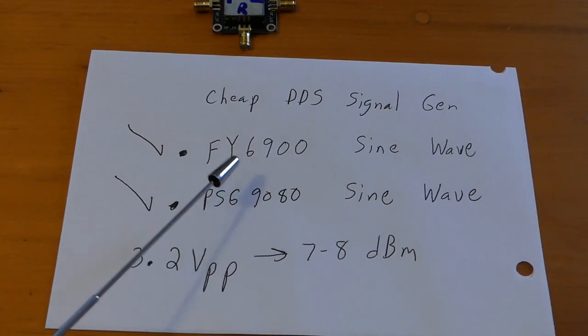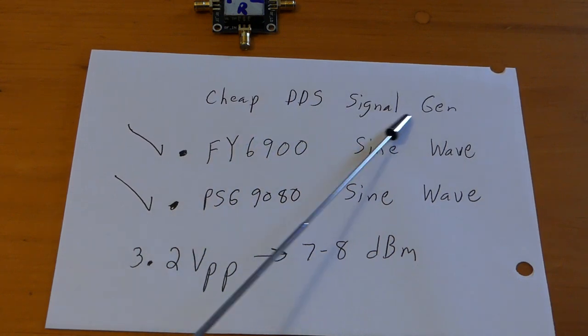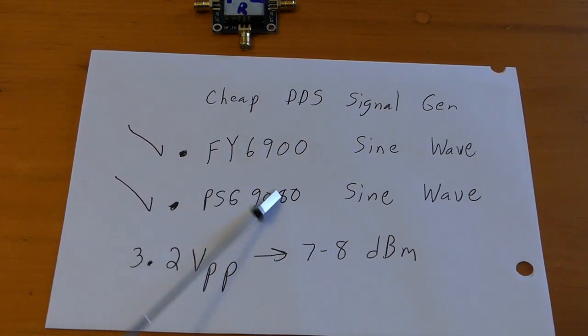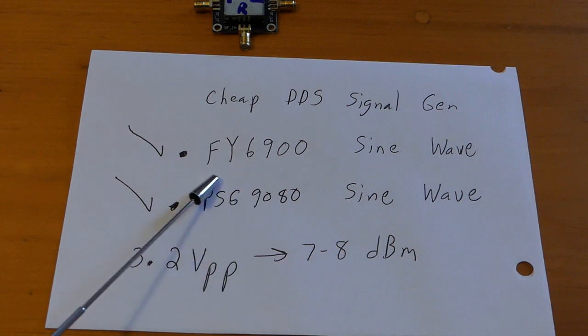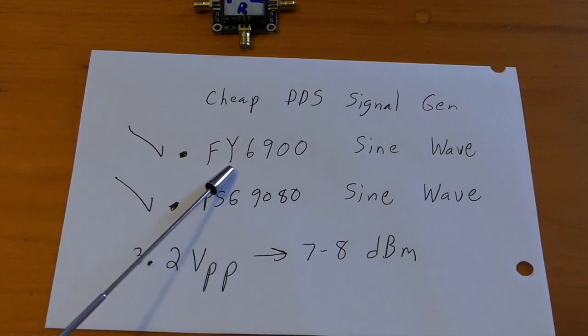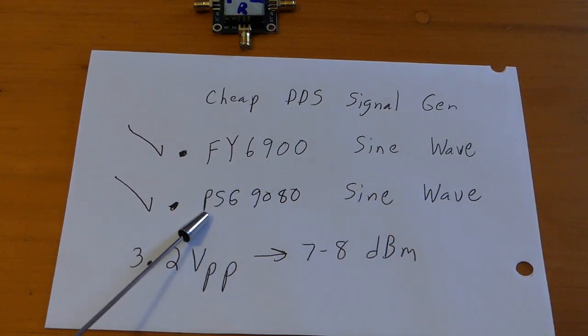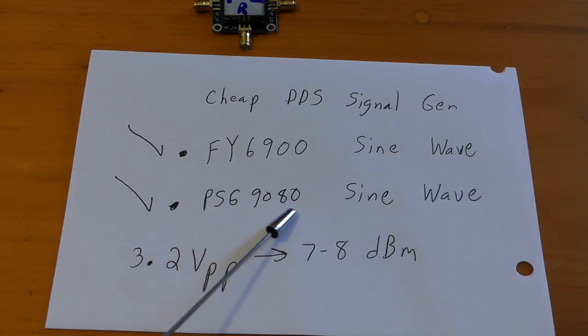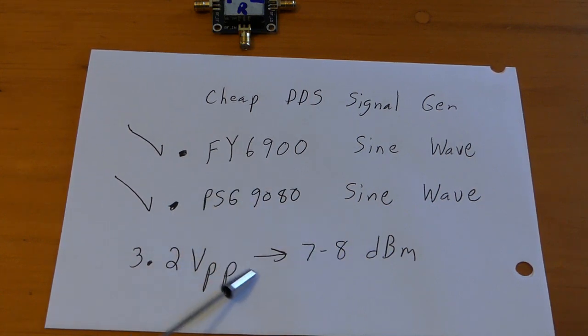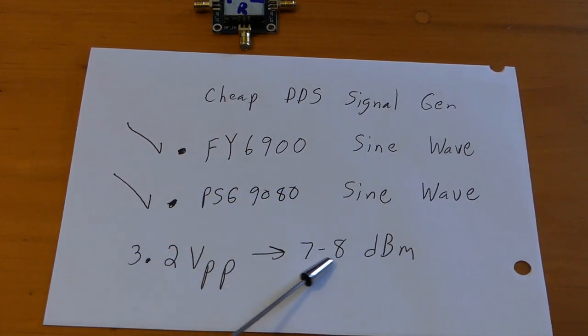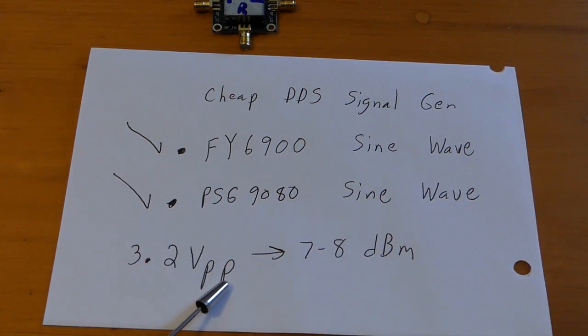Alright, so here are some good DDS signal generators you can get on eBay or Amazon. One of them, like I said, is the FY6900. That's a real cheap sine wave generator. You can also get the PSG, I think it's a 9080, Juntek, or whatever the Chinese name is. Anyway, for both of these, if you want 7 or 8 dBm on the output, you have to set the voltage peak to peak to be 3.2.